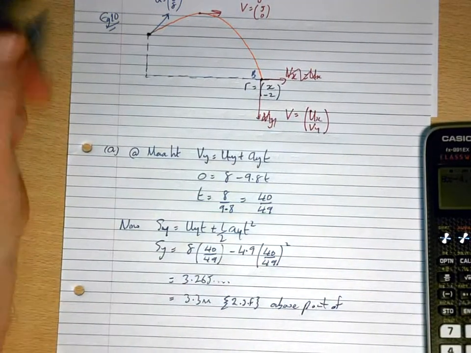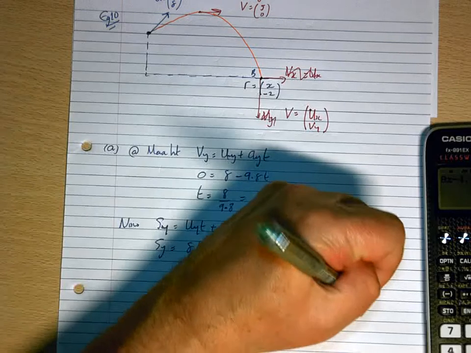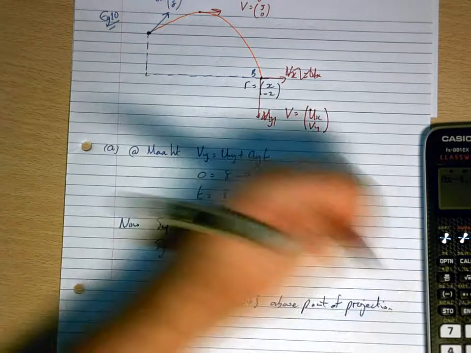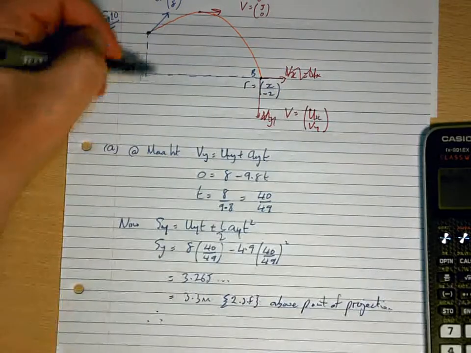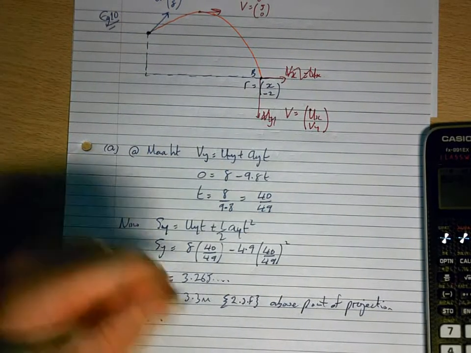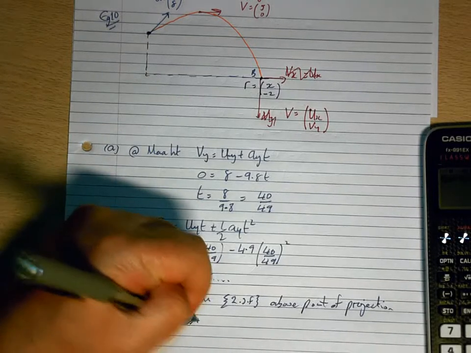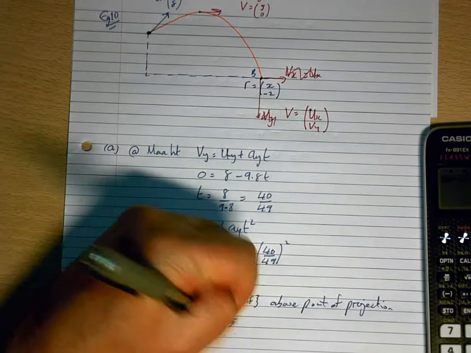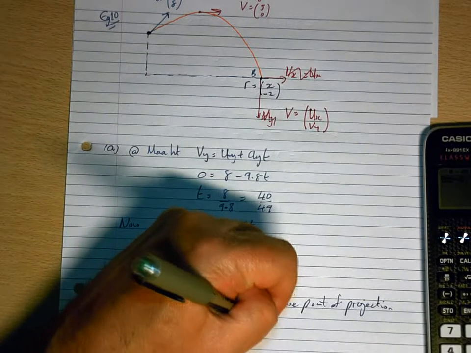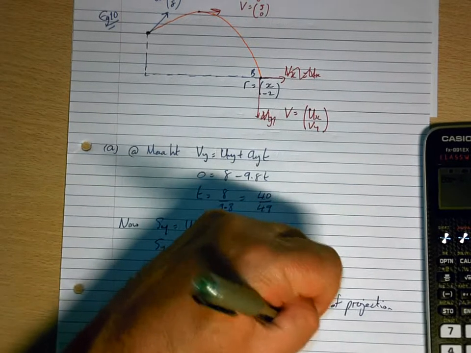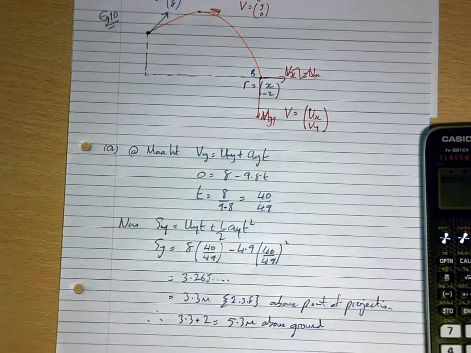So that's above the point of projection. Therefore, there's another 2 meters to add on to that above the ground. So that's the height above the ground.